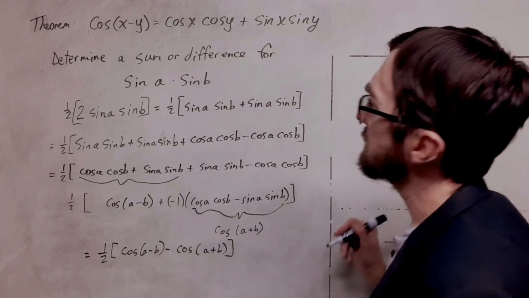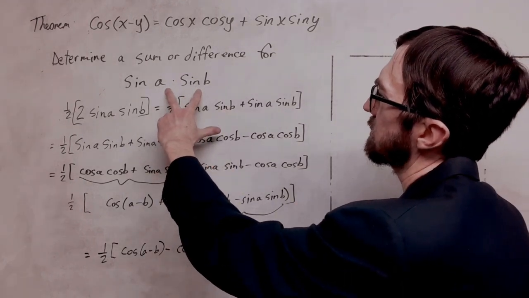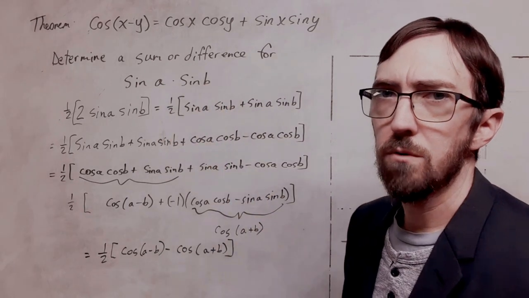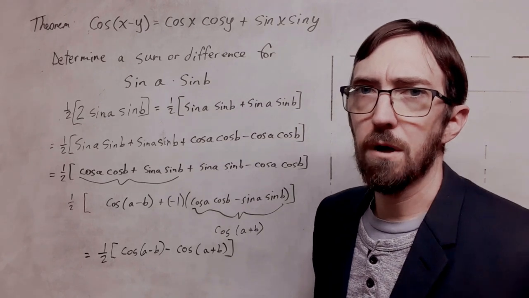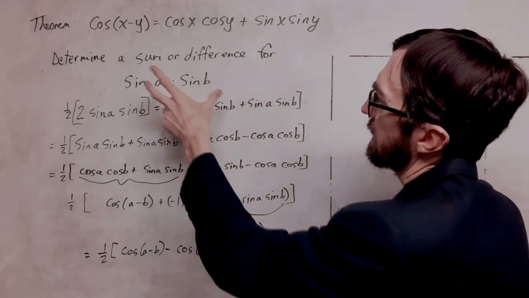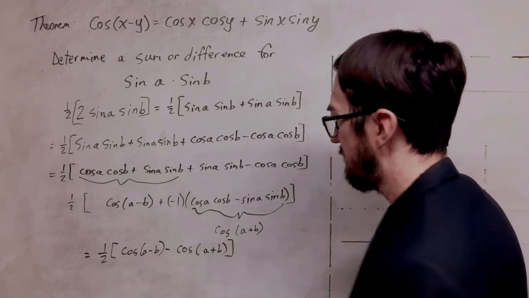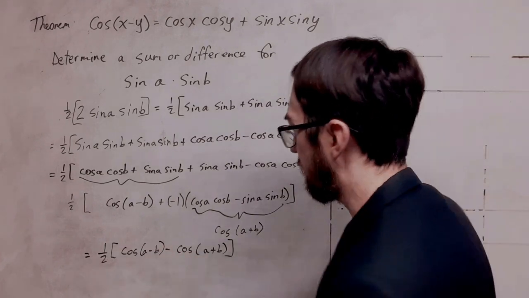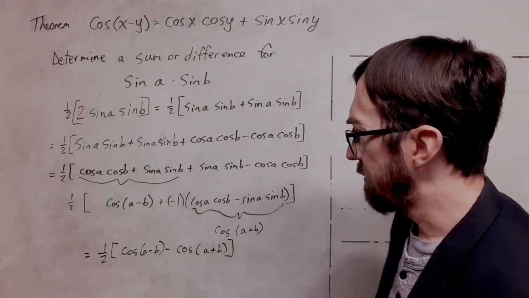So if for some reason you have a situation where you have a product of angles here, and it would be more reasonable, convenient, a better problem-solving situation, we can actually take this and replace it with this scaled difference and use that in our problem solving.